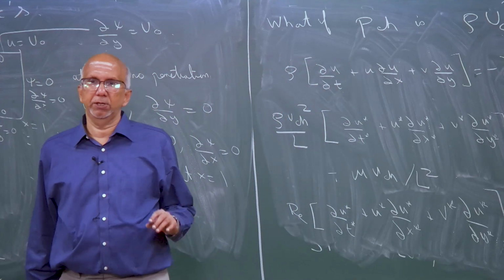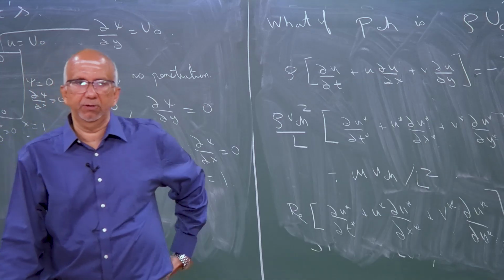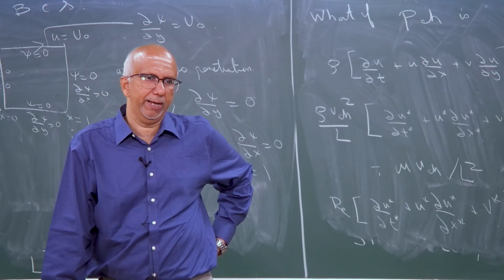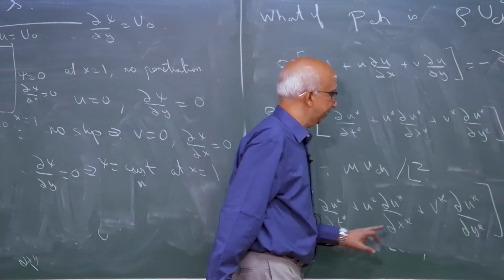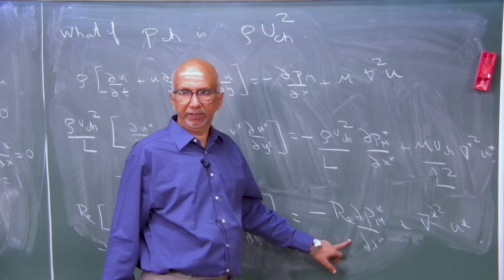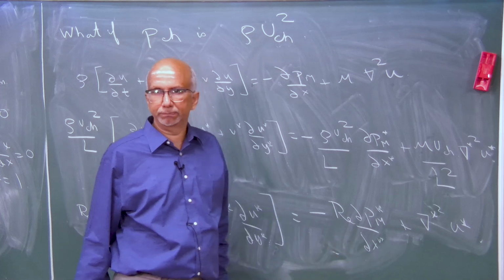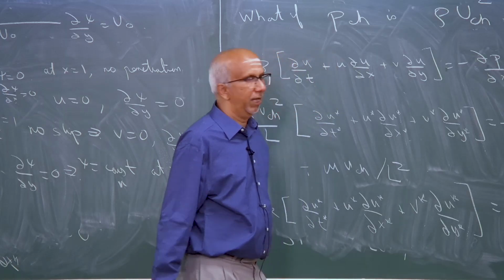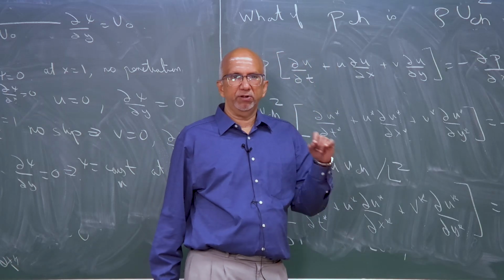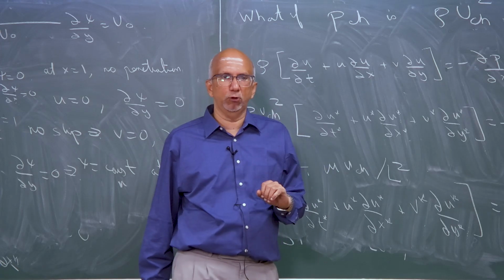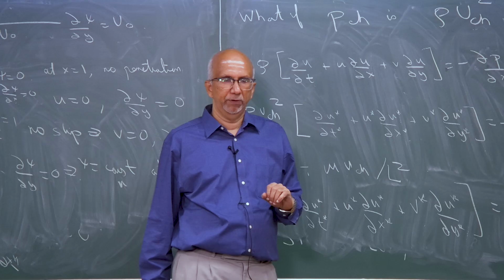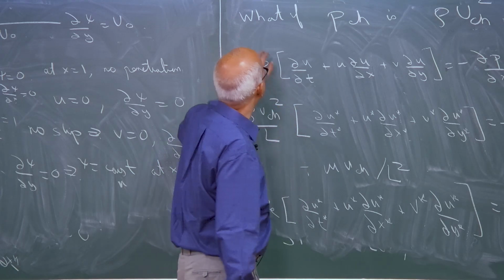So if I do the scaling using this variable for the p characteristic, I get a Reynolds number here as well as a Reynolds number multiplying my pressure gradient in the dimensionless form. Now if I were to set my Reynolds number to 0, go to the creeping flow limit, what will happen?